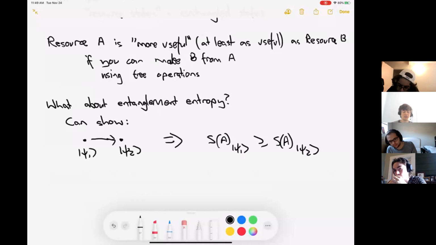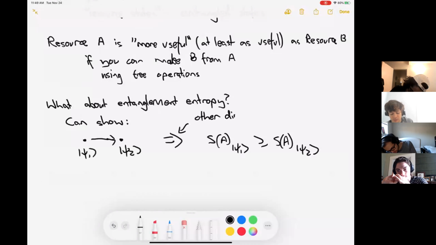Okay, so this entanglement entropy is closely related to LOCC, in that there's an implication. The LOCC ordering implies the entanglement entropy ordering. On the other hand, in general, the other direction is not true.